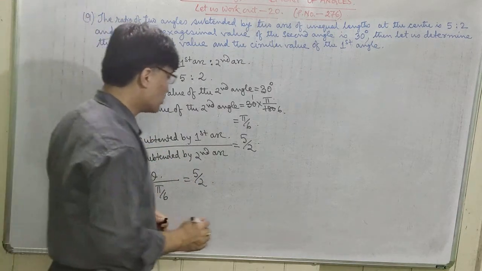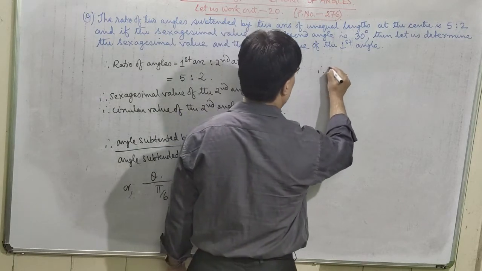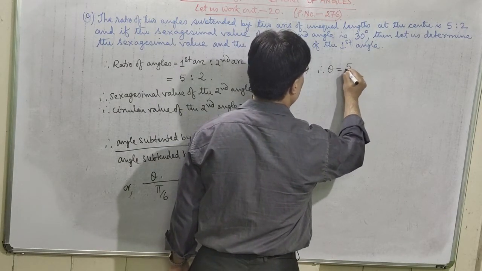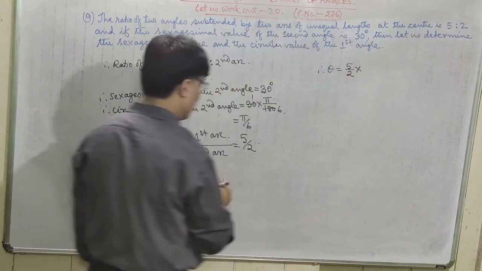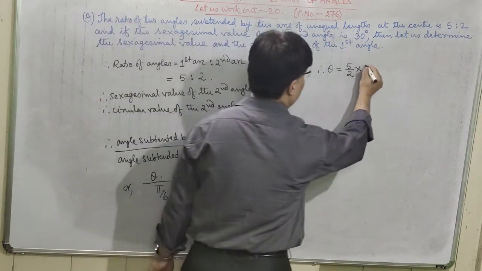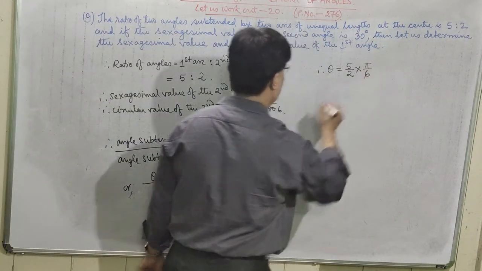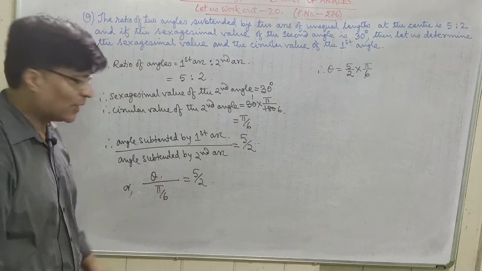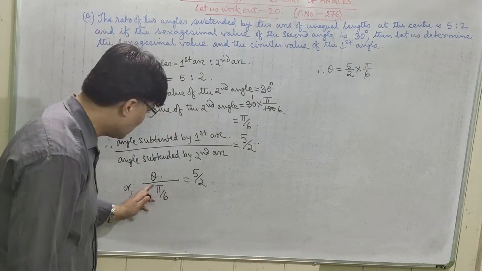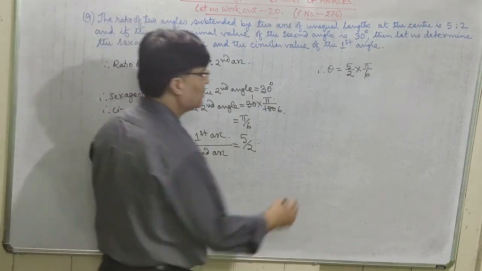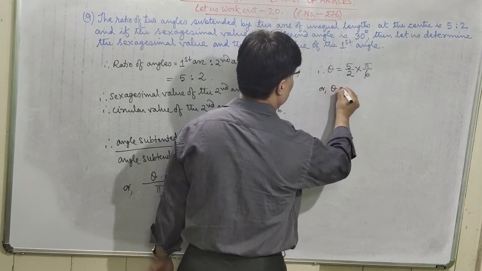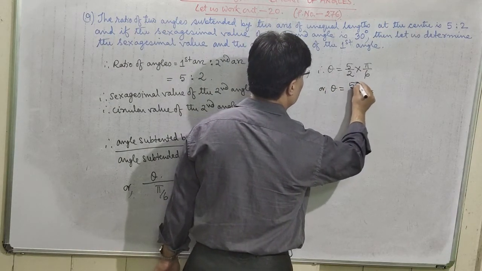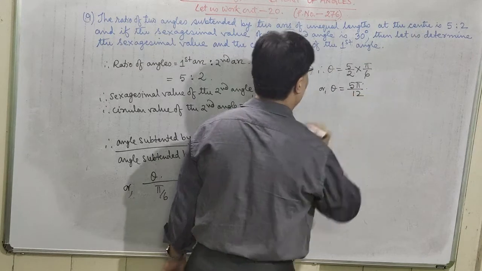So let us do cross multiplication here. What is theta equal to? Theta is equal to 5 by 2 into pi by 6. Now it is cross multiplied. So theta is equal to pi by 6 multiplied by 5 by 2. What is theta now in this case? It is 5 pi divided by 12.